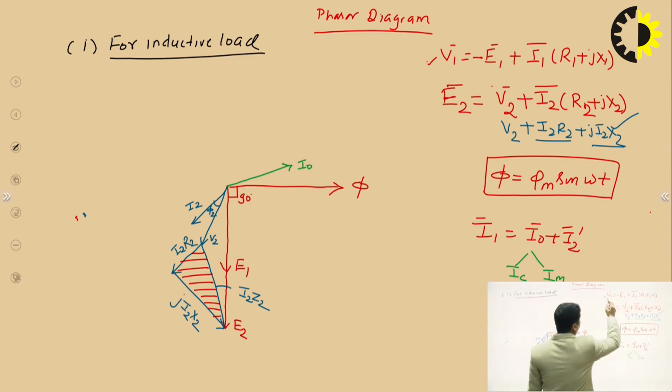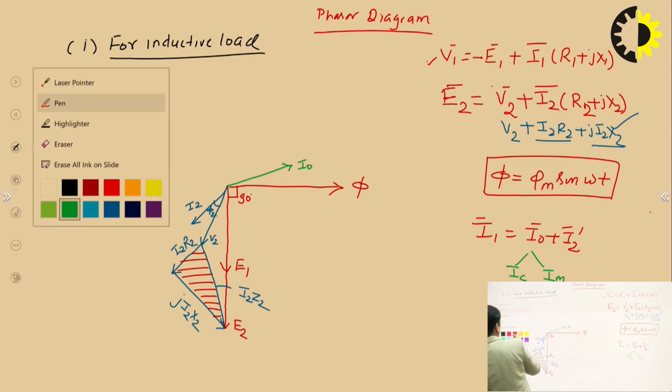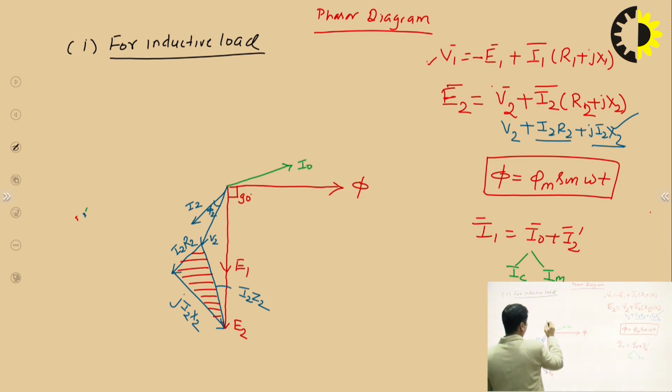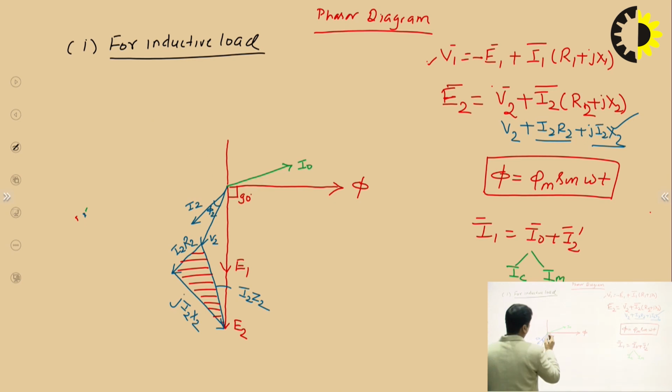This V1 is equal to minus of E1. So if E1 is this, then minus of E1 is just opposite of this, like this.